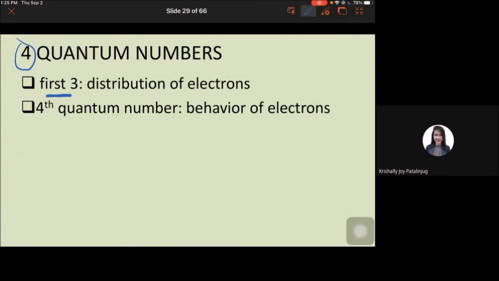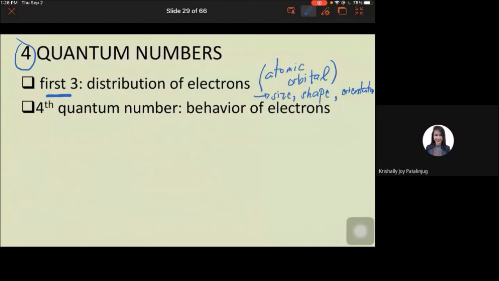They describe the atomic orbital in particular: the size of the atomic orbital, its shape, and the position or orientation of that atomic orbital. That is the general overview of the first three.